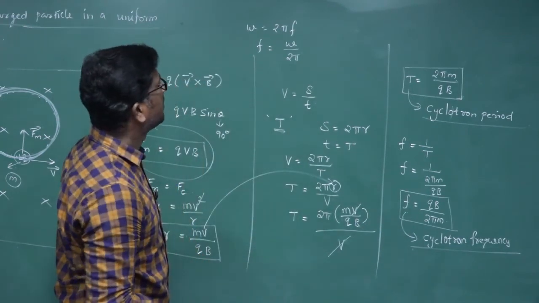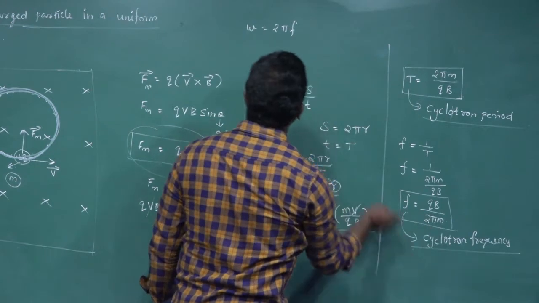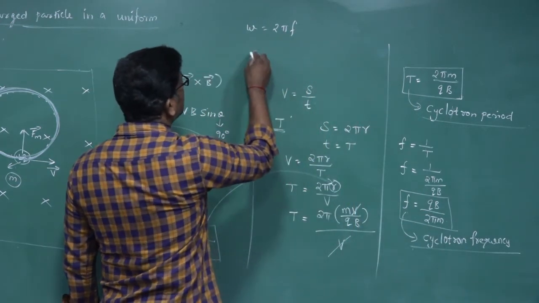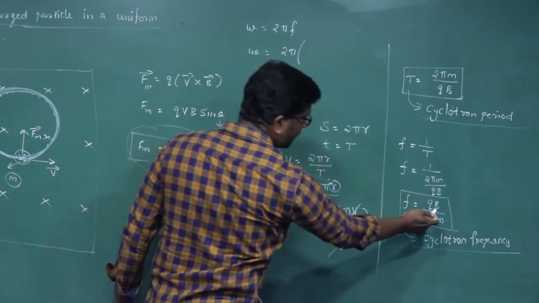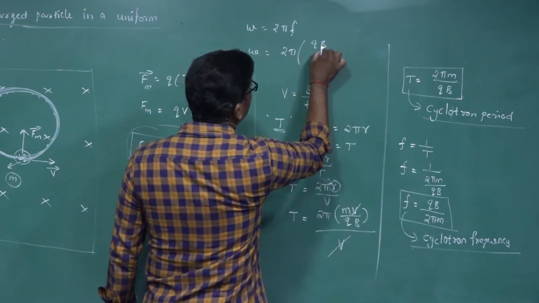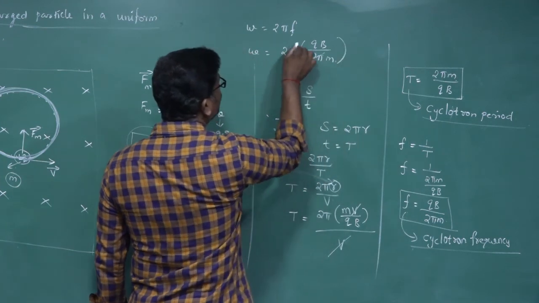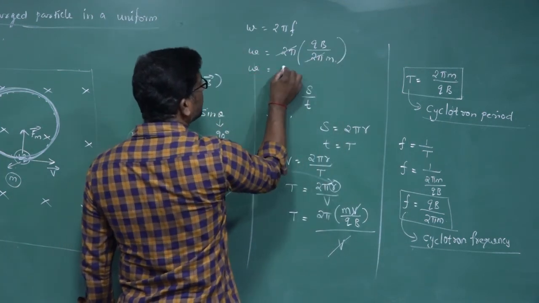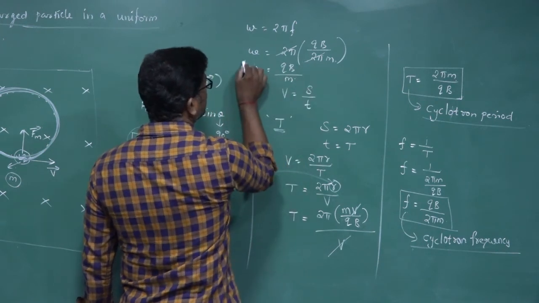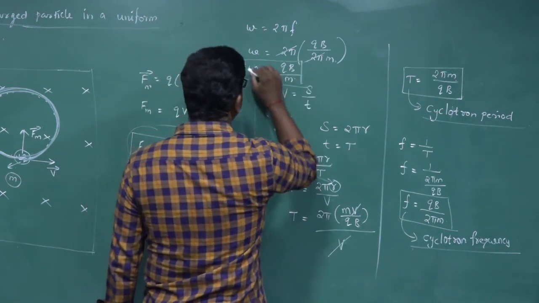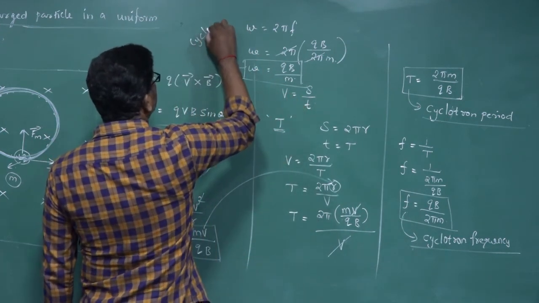F is equal to omega divided by 2 pi, or substitute f is equal to qB divided by 2 pi m here. Then omega is equal to 2 pi times qB divided by 2 pi m. 2 pi cancels. Therefore omega is equal to qB divided by m. This equation is also called the cyclotron frequency.